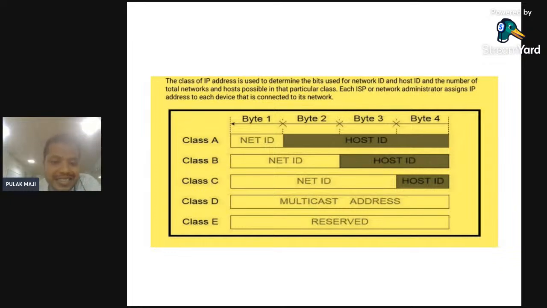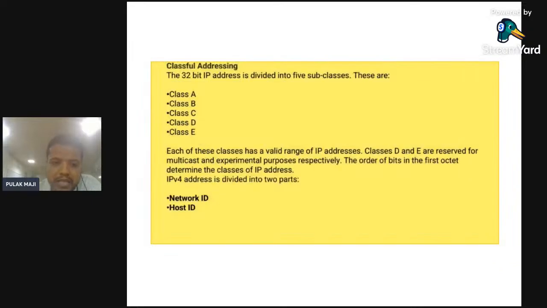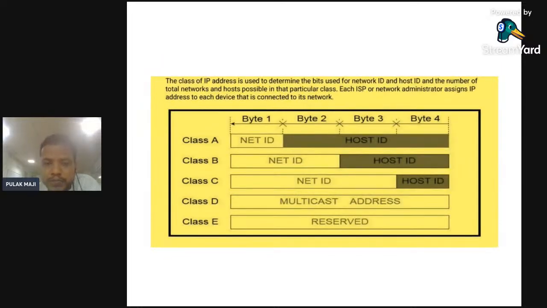As you can see in this slide, for class A, the first octet, meaning the first 8 bits, is reserved for the network ID, and the remaining 24 bits, byte 2, byte 3, and byte 4, 8 each, are reserved for the host ID.